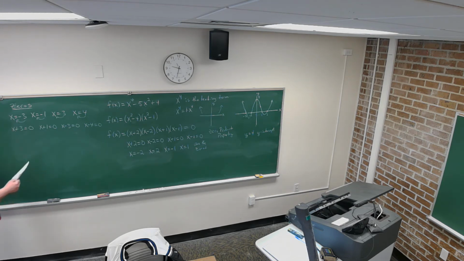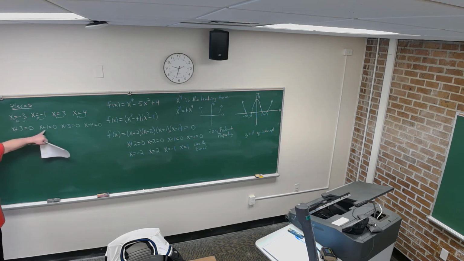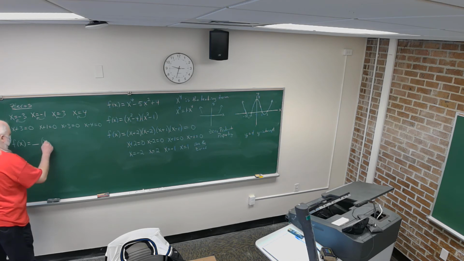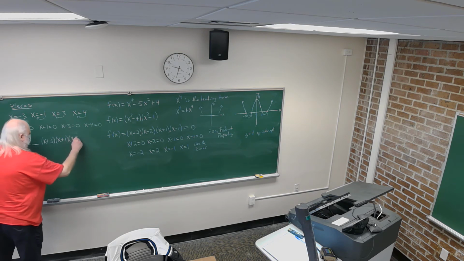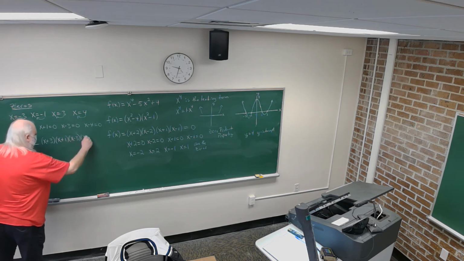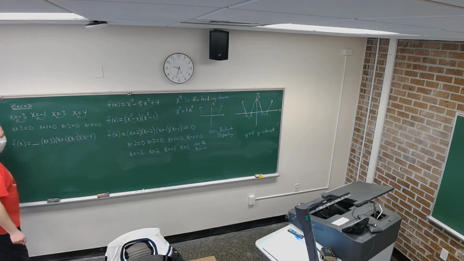Okay. So f of x, leave a space out front after the equal sign, is equal to the product of these 4 factors. x plus 3 times x plus 1 times x minus 3 times x minus 4.